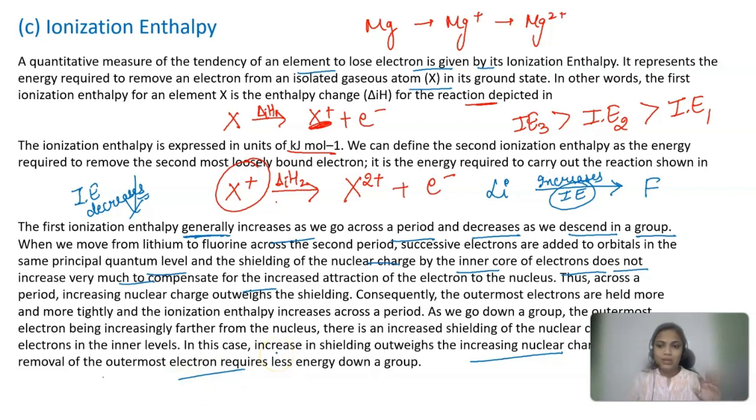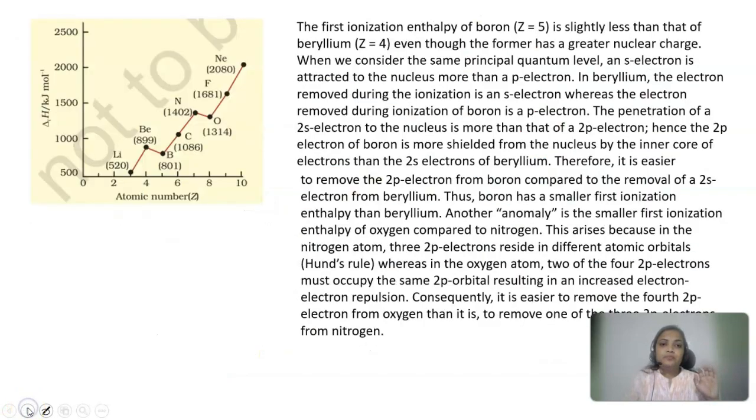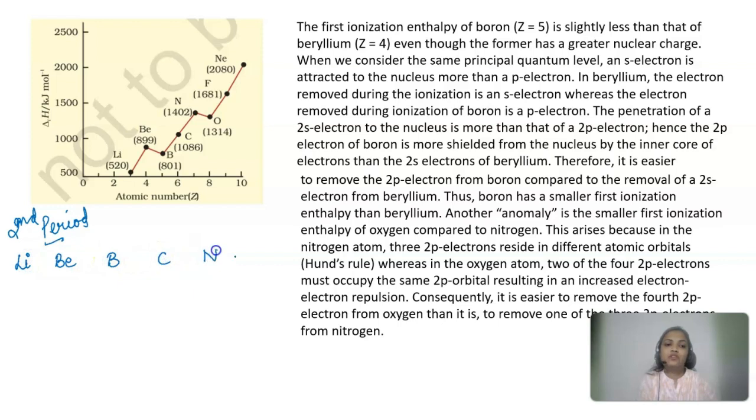This is the reason. Okay, but students, try to understand this thing. This is actually the chart for the second period elements, that is lithium, beryllium, boron, carbon, nitrogen, oxygen, fluorine. Of course, your noble gases will have the highest ionization enthalpy because they are very stable and it is very difficult to remove that electron.